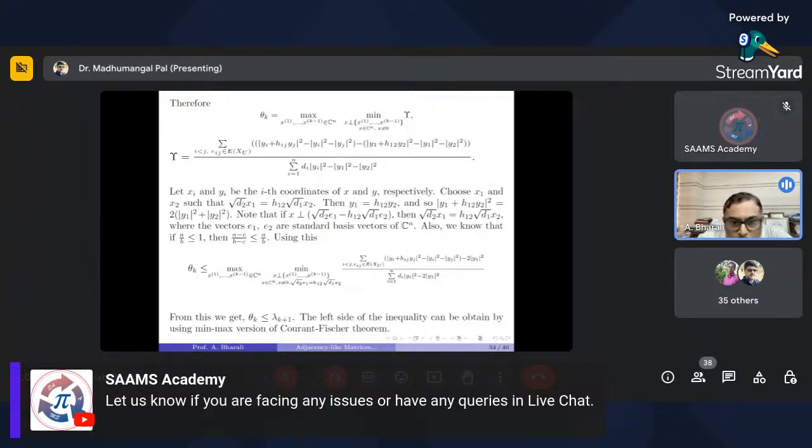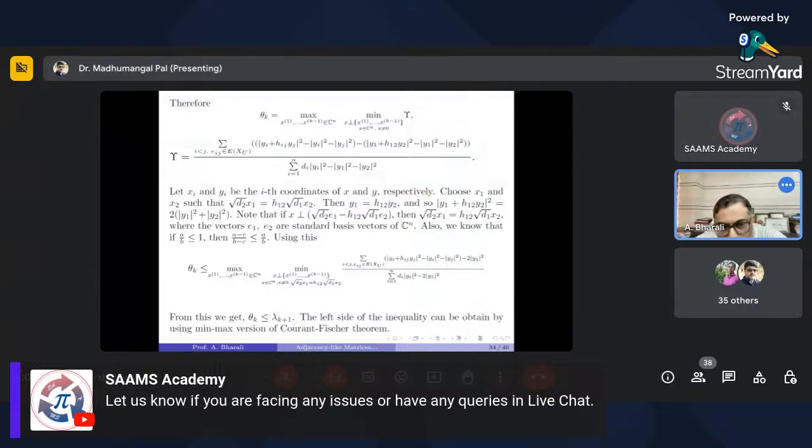E2 is 0, 1 and 0 in the rest of the positions. So these two standard basis vectors are there, based on which we have defined the x, or we condition the x such that x has to be perpendicular to this vector. And this condition of equality, that square root of d2 x1 is equal to h12 square root of d1 x2, is now being replaced by this orthogonal condition in the next slide.